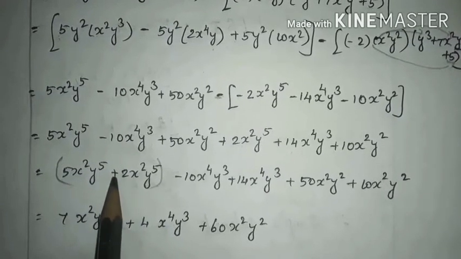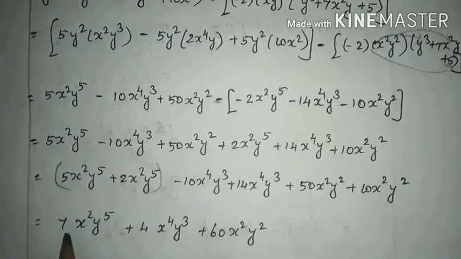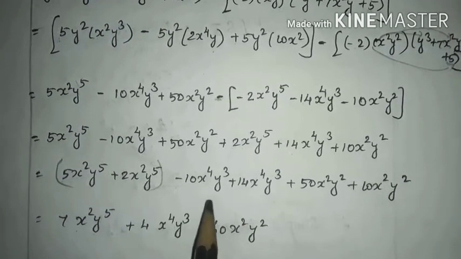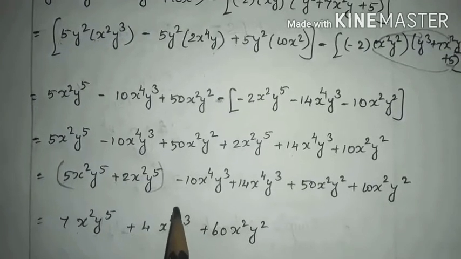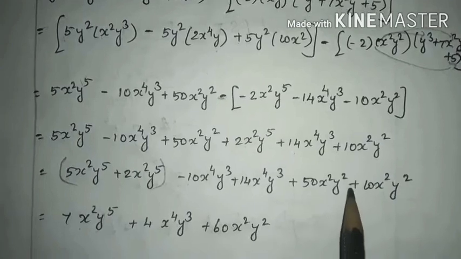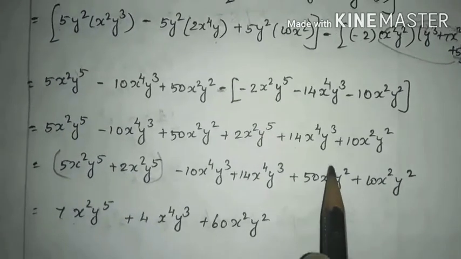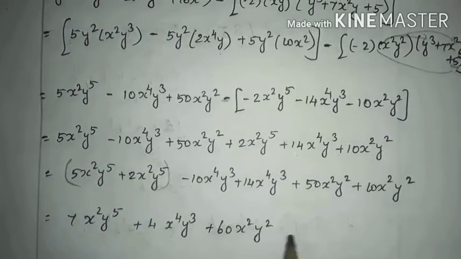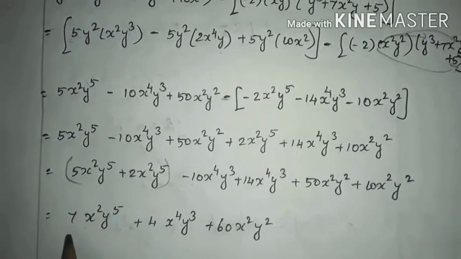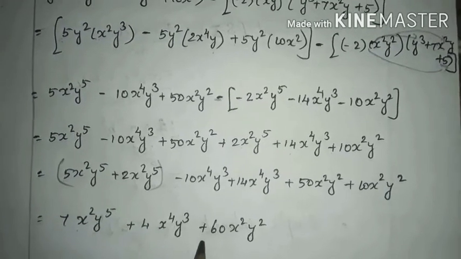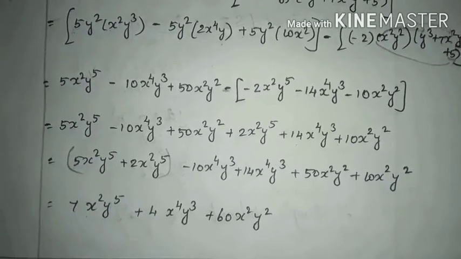Plus 5 and plus 2 we get plus 7 x square y power 5, and minus 10 and plus 14, that is when we subtract 10 from 14 we get 4 x power 4 y cube. Here both are positive, so you have to add them, that is 50 x square y square plus 10 x square y square is plus 60 x square y square. Therefore the answer is 7 x square y power 5 plus 4 x power 4 y cube plus 60 x square y square.